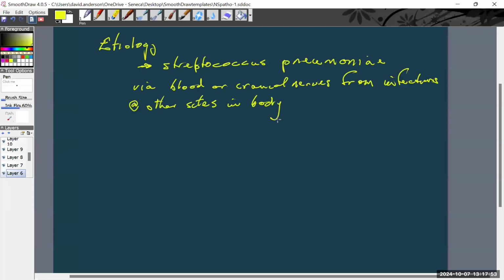A skull fracture. Where there's direct exposure from streptococcus that might be growing on the skin, under the scalp, or on the scalp, and not causing any harm when it's presented there.